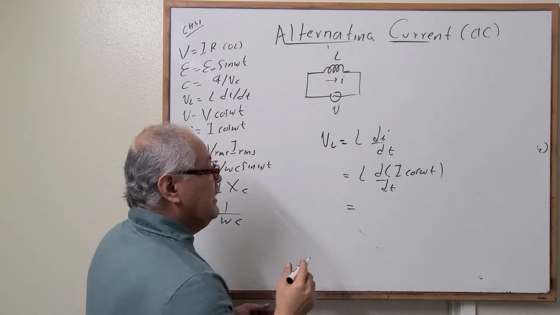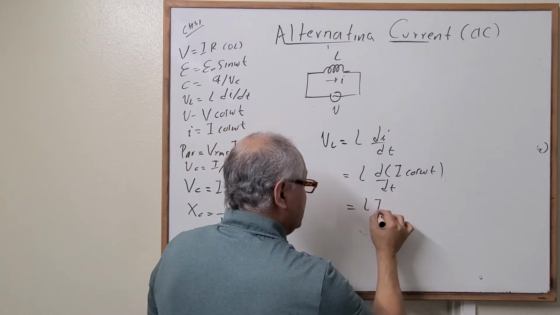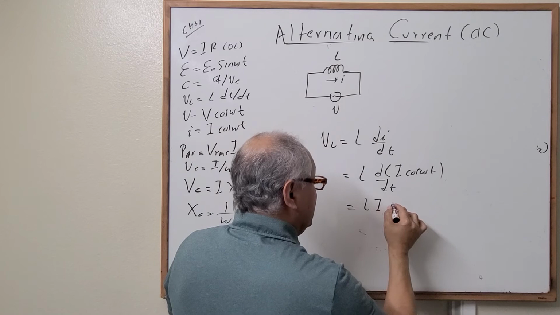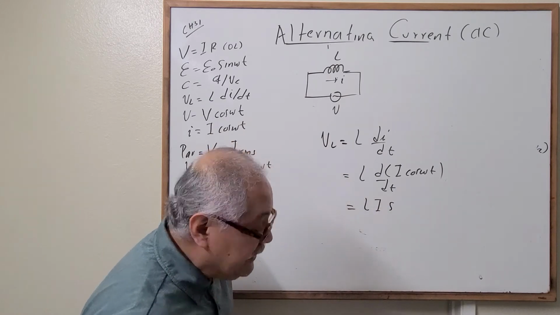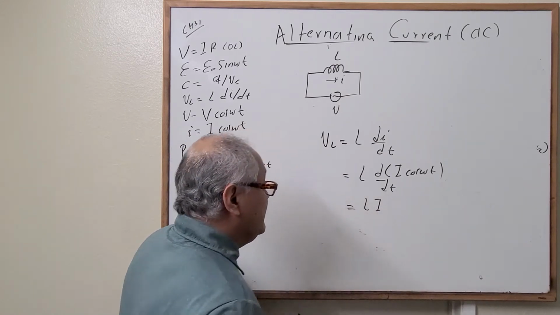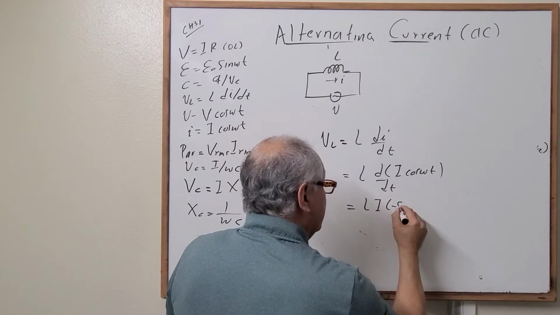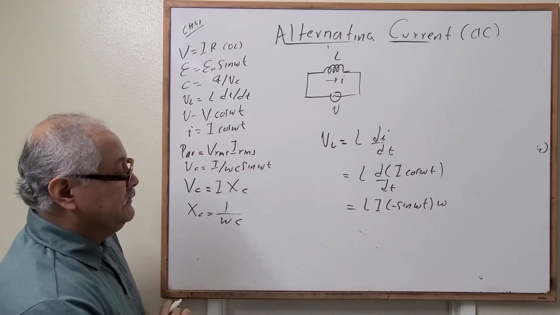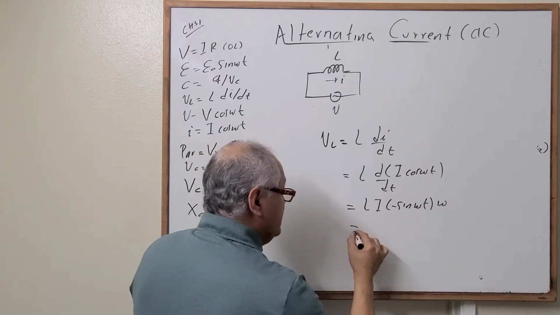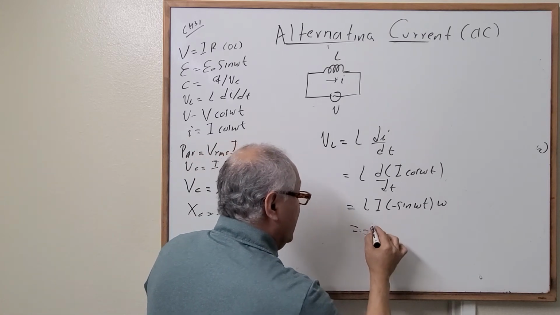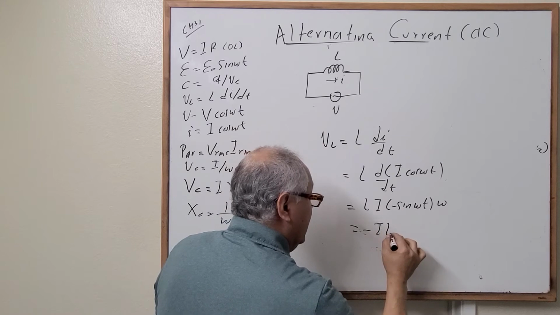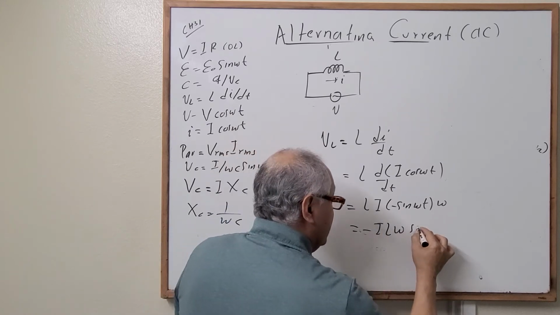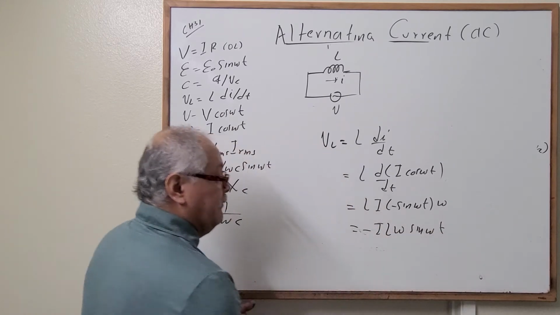It's going to be L times the current, times negative sine omega t, times omega. So this equals negative current L omega sine omega t.